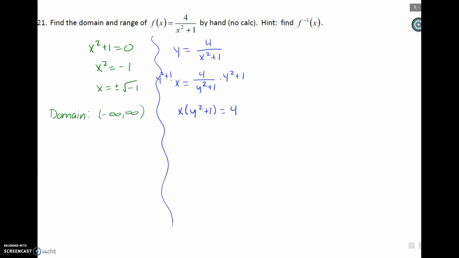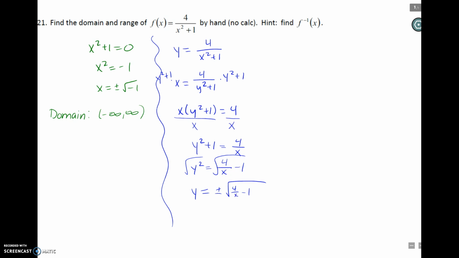You can multiply it through, or I would probably just go ahead and divide both sides by x since it's already factored out. So if we divide both sides by x, you have y squared plus 1 equals 4 over x. Subtract 1, y squared equals 4 over x minus 1, and then square root both sides. y equals plus or minus the square root of 4 over x minus 1.